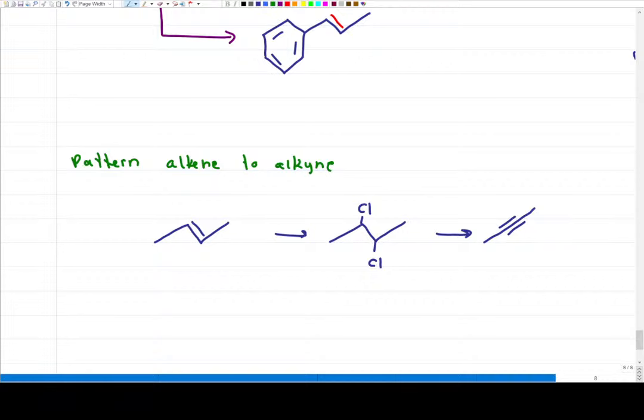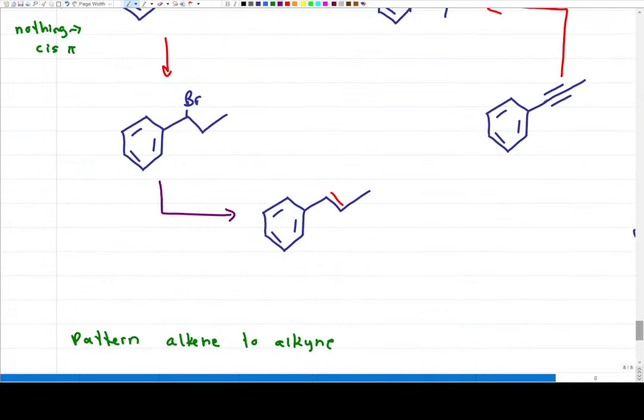And the way this happens is very simple. Cl2 in the presence of an inert solvent like CCl4, and then a double elimination with a very strong base, NaNH2 in NH3 liquid, not in water. Water will not help this reaction, and that's my pattern. Break the pi bond so that you can reform 2 pi bonds.